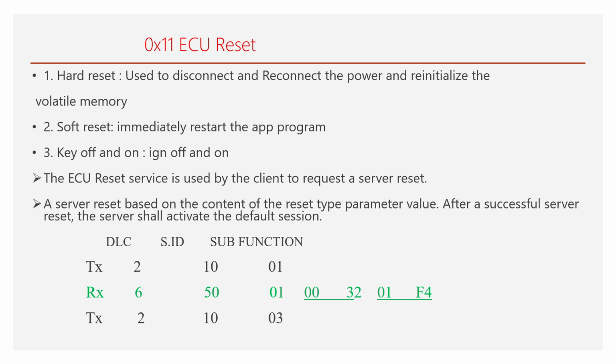So the ECU reset service is used by the client to send a request to the server. Here the client, the owner, requests the server, and we can activate it and set the ECU reset.